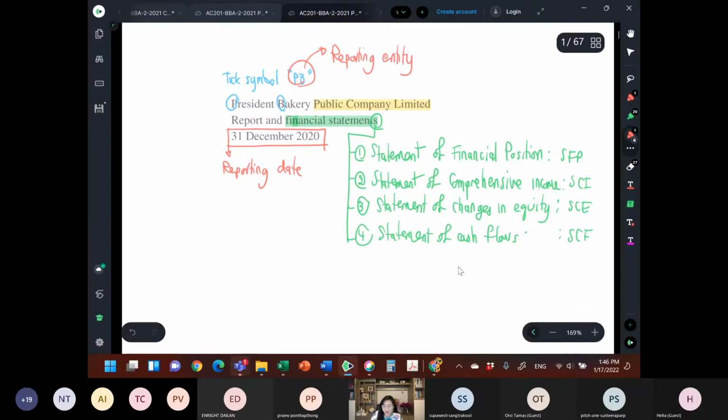For this company, this is a PCL, so it's part of the PAE. That's why they have to comply with the TFRS for PAE.